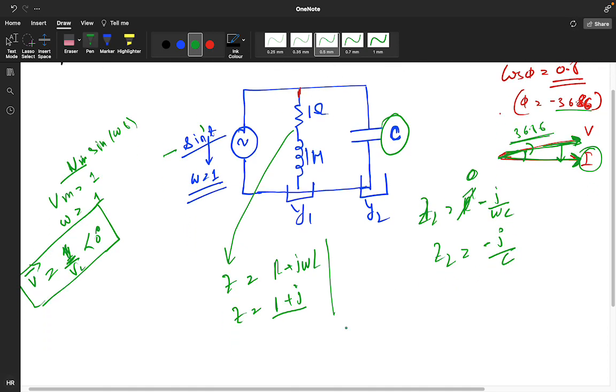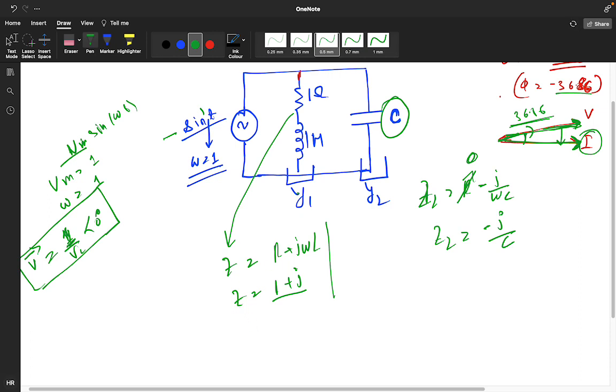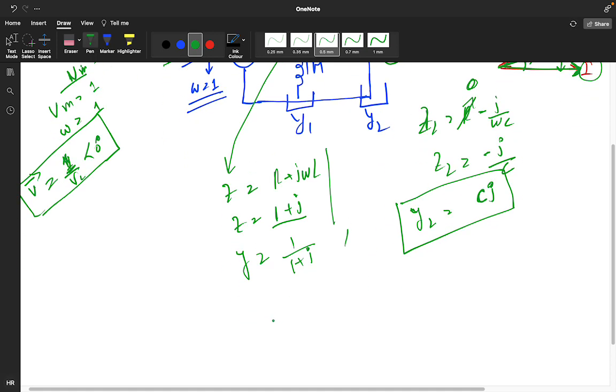Okay. So what will be the value of Y? This Y parameter will be 1 by Z. So Y1 is 1 by 1 plus j. And what will be the Y2 value? Y2 will be C upon minus j, so Cj will come. So overall Y will be Y1 plus Y2, so you are getting 1 divided by 1 plus j, plus Cj.